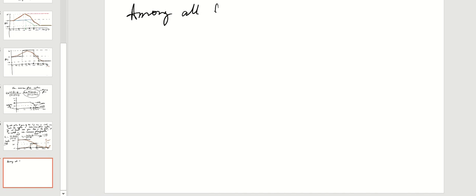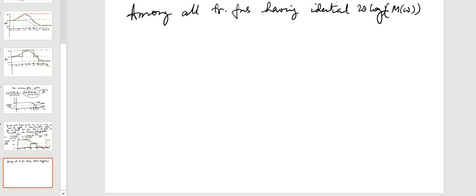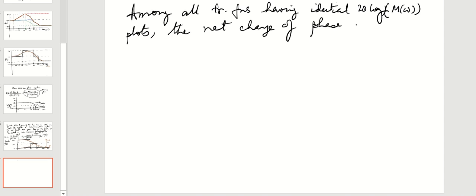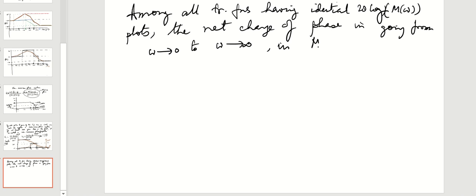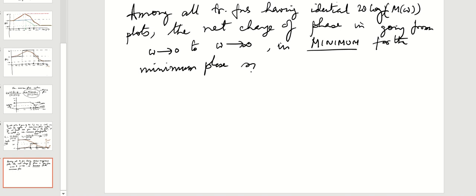Among all transfer functions having identical 20 log of M(omega) plots, the net change of phase in going from omega tends to 0 to omega tends to infinity is minimum for the minimum phase system.